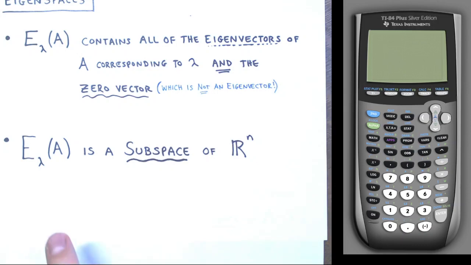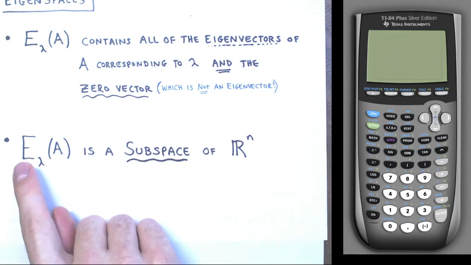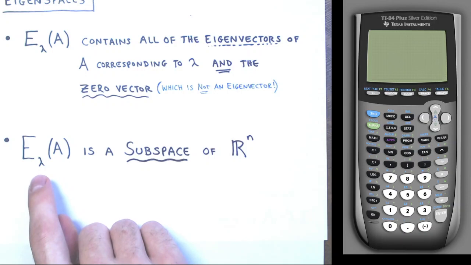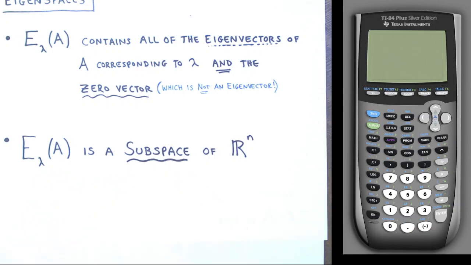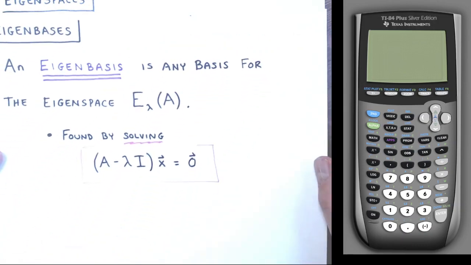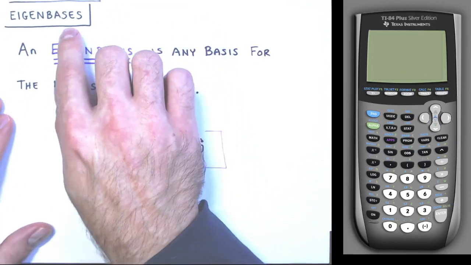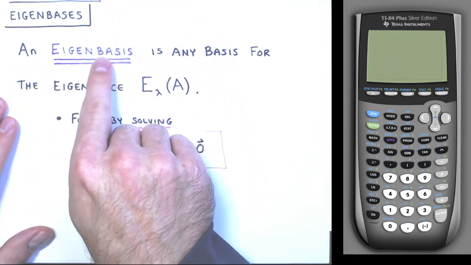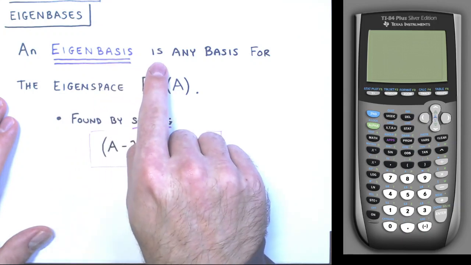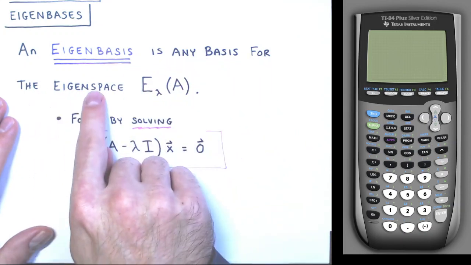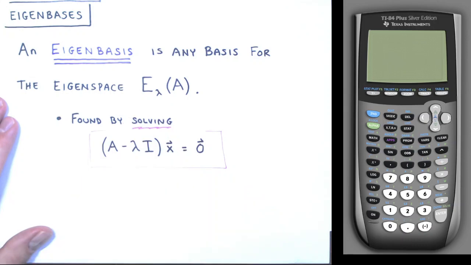Since the eigenspace of A corresponding to lambda is a vector space, it should have a basis. An eigenbasis is just any basis for the eigenspace of A corresponding to lambda.